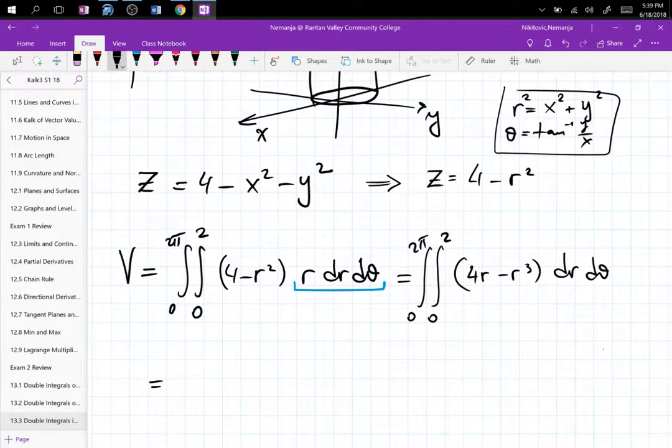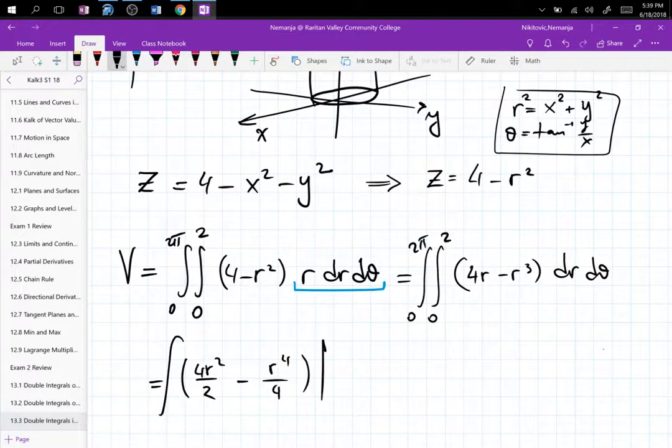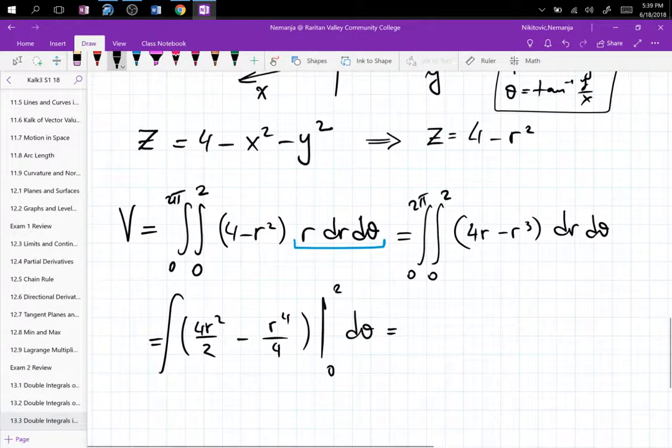Now 4r, integrate that, you get 4r squared over 2 minus r to the 4 over 4. There is integral, parentheses, compute from 0 to 2, and we still have d theta to deal with. This is 0 to 2 pi.